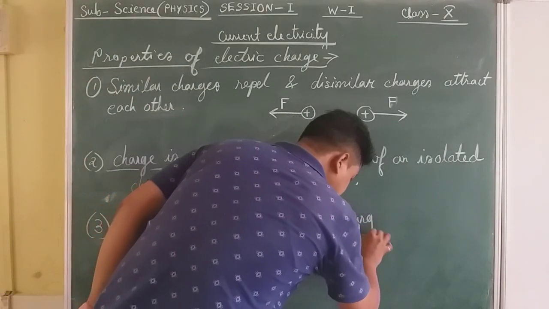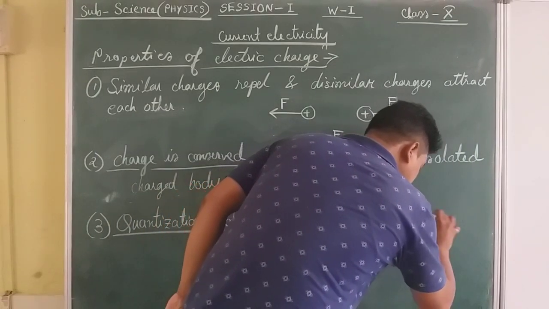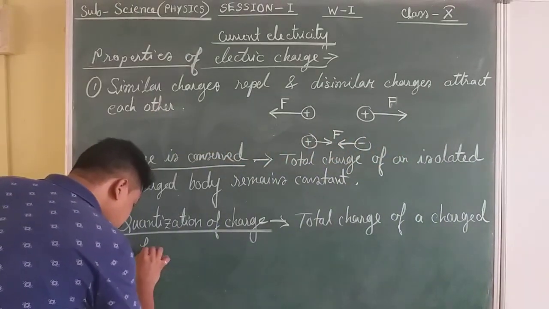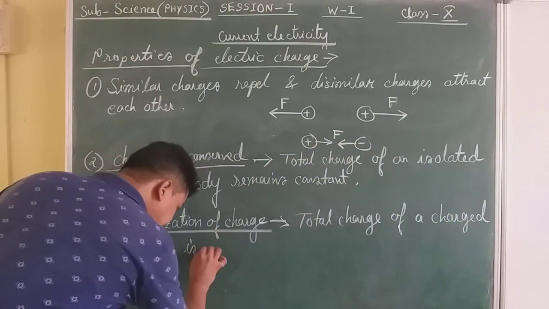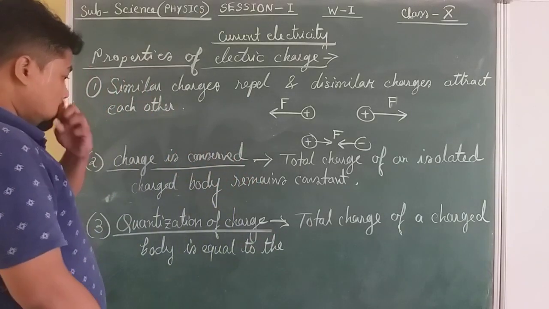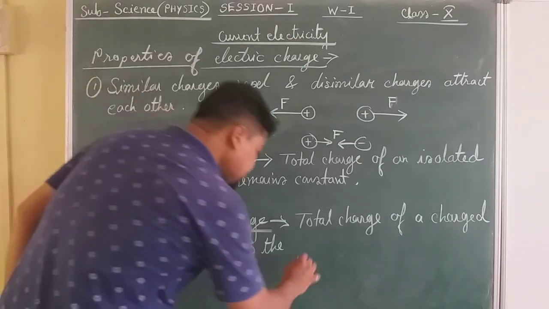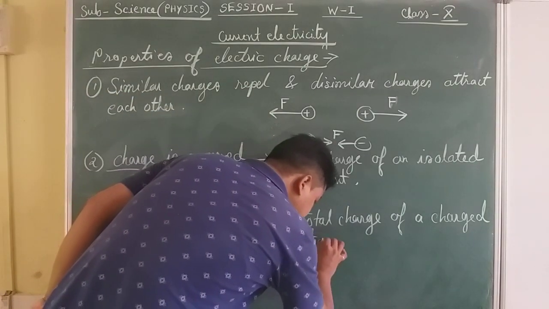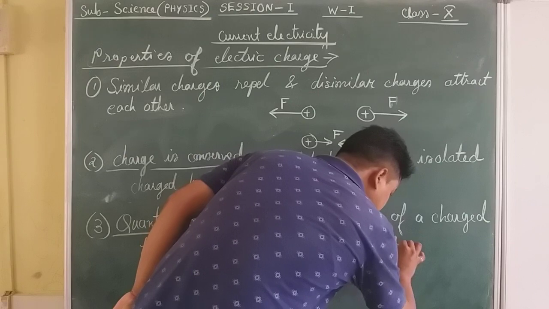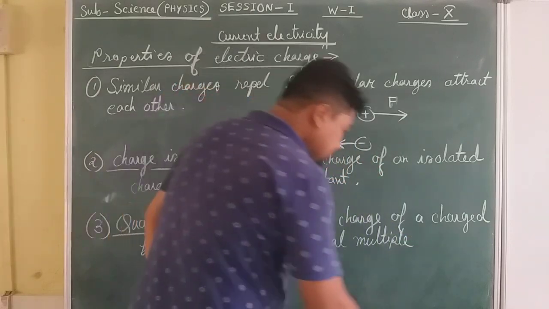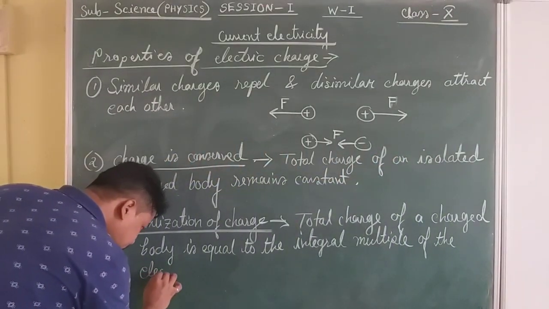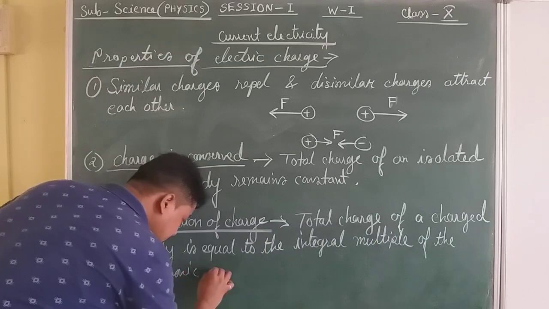The total charge of a charged body is equal to the integral multiple of the electronic charge.